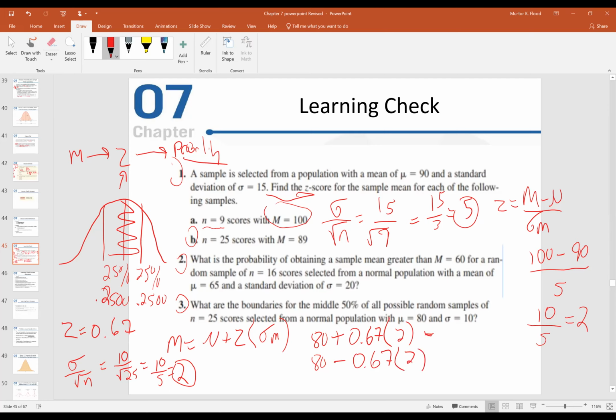That's going to give us the top boundary of 81.34, and the lower boundary is going to calculate to 78.66. And so that's how you would do number 3. Again, these are essentially the same questions as chapter 6, except instead of using raw scores, we are using sample means.